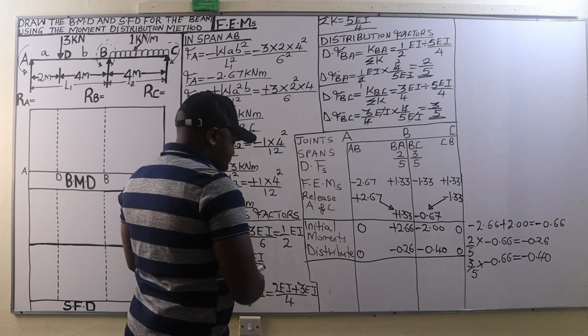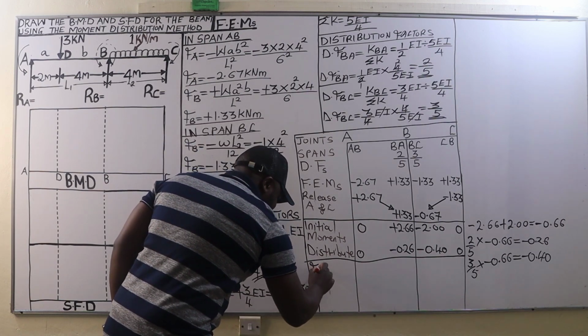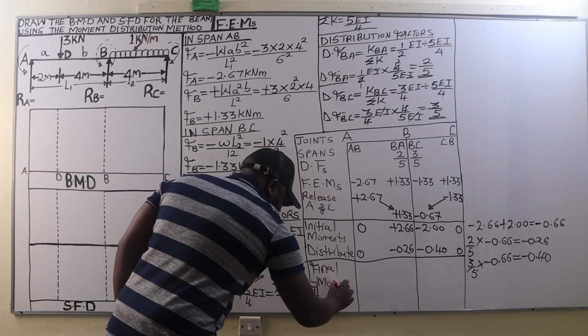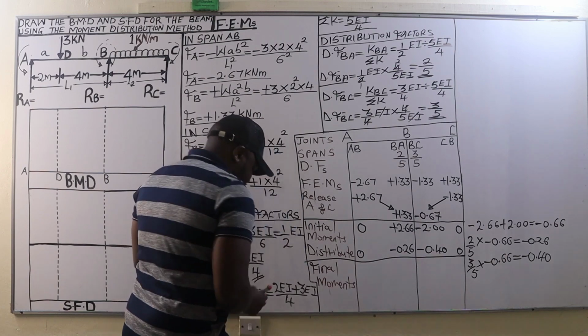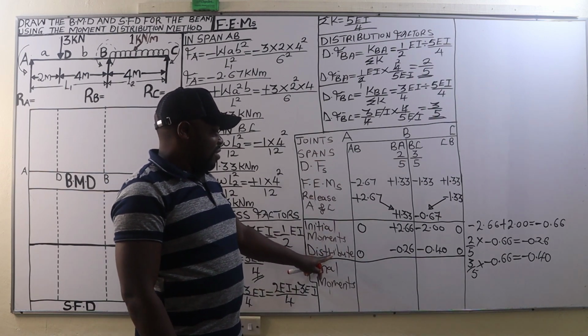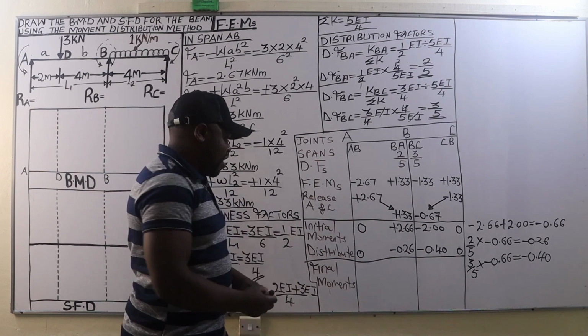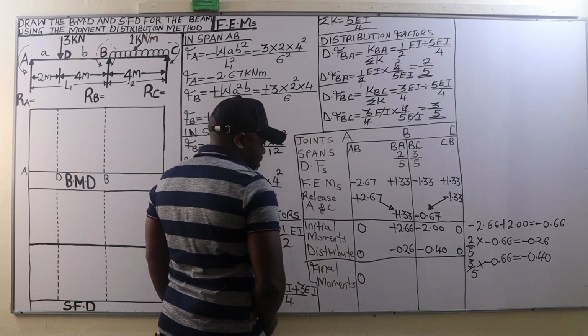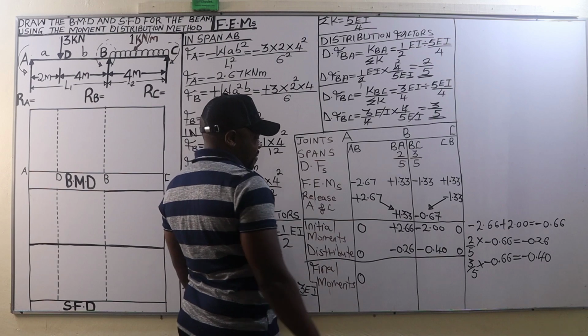After distributing, we are going to have the final moments. To get the final moments, we add the initial moments plus what we have distributed. On the span AB, at joint A, we have 0 plus 0, that is 0.